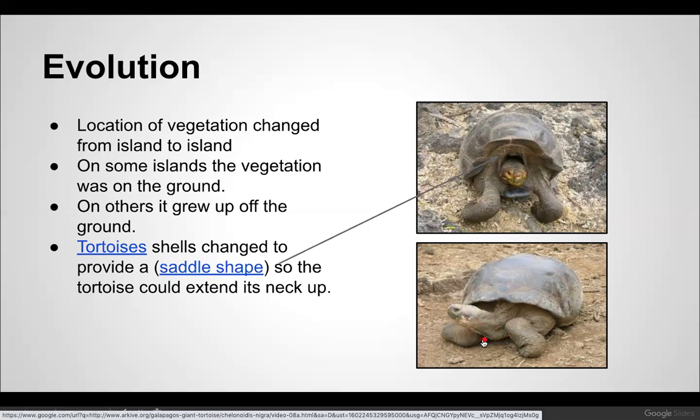So this tortoise is probably living in an area where there's a lot of grassland, and this one where there's a lot of shrubs and leafy, woody plants that have leaves above. So the location of vegetation changed from island to island. On some islands, vegetation was on the ground, others grew off the ground. Tortoise shells changed in order to adapt and be able to live in an area where the food sources were different.